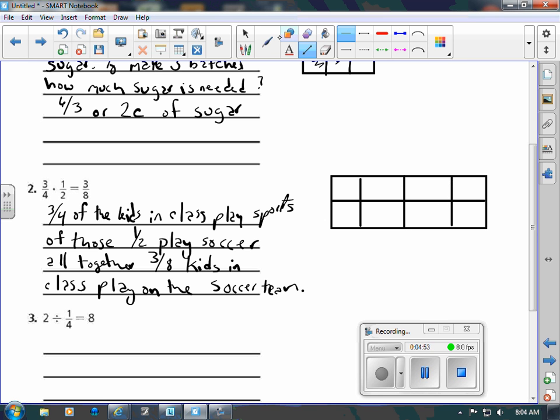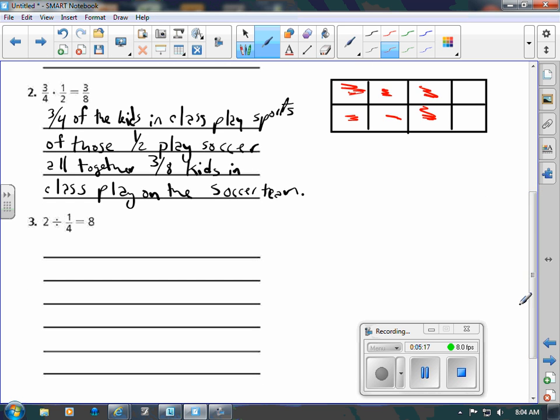My pieces aren't quite the right size. That looks better. Okay, and then I'm going to shade in the pieces, the 3/8 of each half. So the 1, 2, 3/8 of half, right? 1, 2, 3/8 of half again. Okay, and now I have my 3/8.